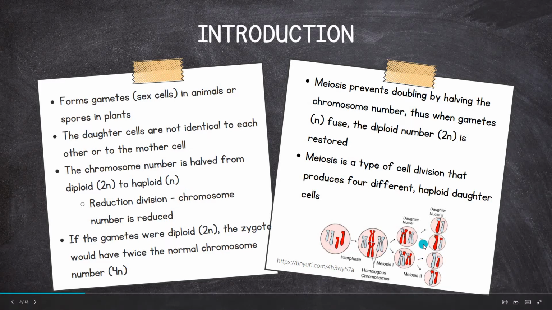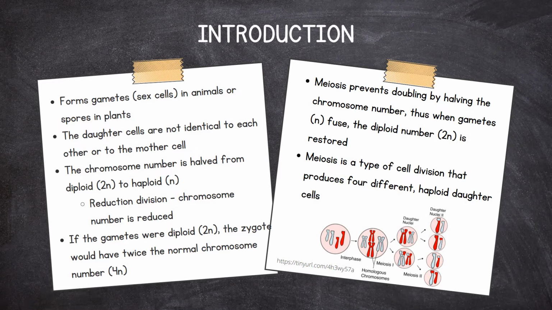If the gametes were diploid 2n, the zygote would have twice the normal chromosome number, and this is why meiosis is so important. If meiosis doesn't reduce the chromosome number back to haploid, it would just keep increasing with each subsequent generation.